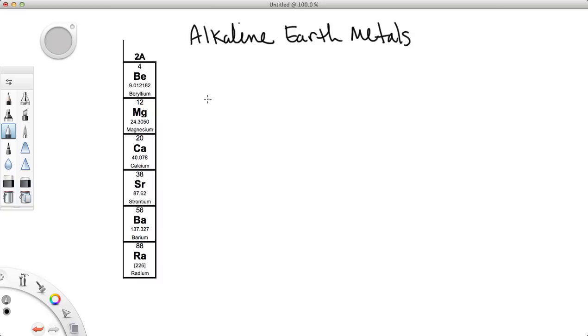They all have 2 valence electrons, 2 electrons on their outer energy shell, and they're a metal. Indicated that they're a metal, and they lose electrons. They want to give away their electrons to somebody that wants to take them.